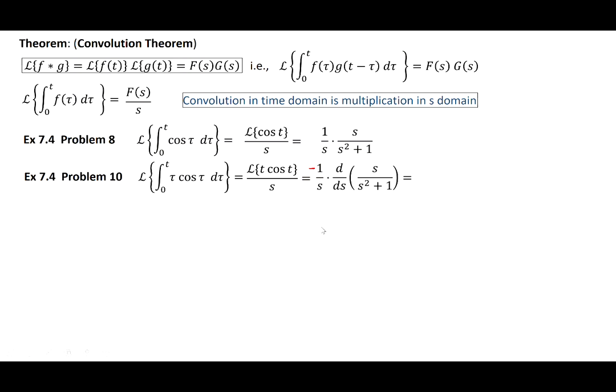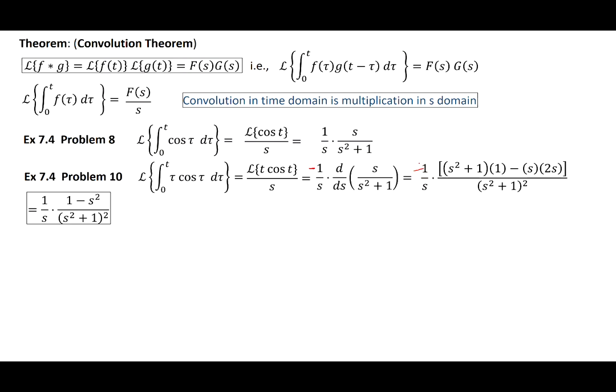Okay, and so I just took the derivative of it. I'll stick a negative in front. So that's it. Negative of that, or I could have switched this to s squared minus 1 over s squared plus 1, the quantity squared.